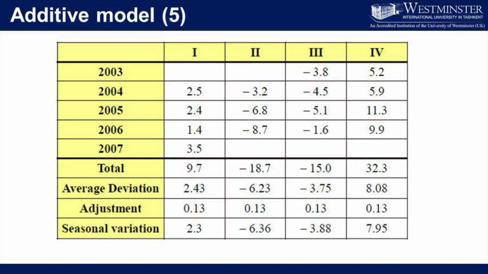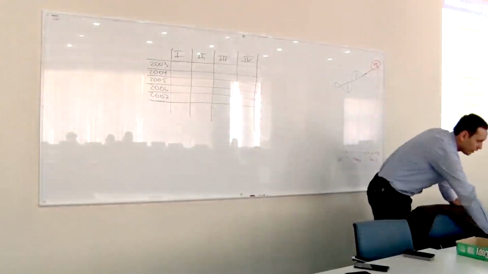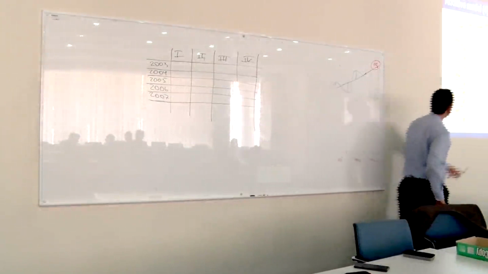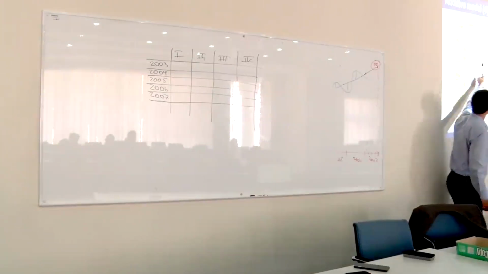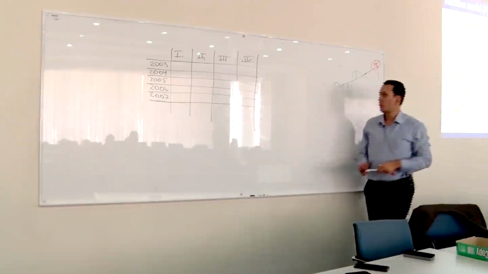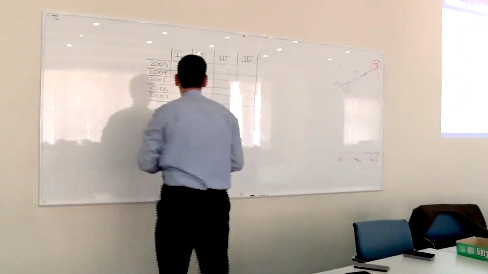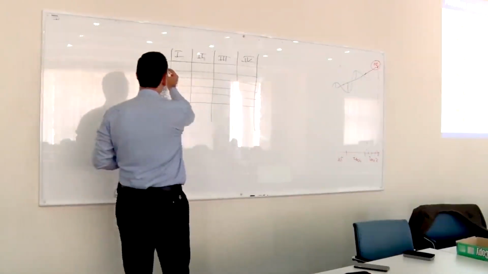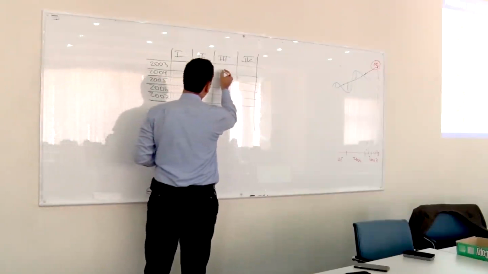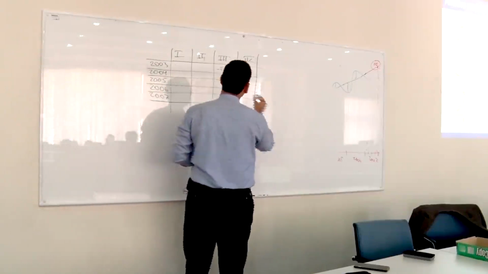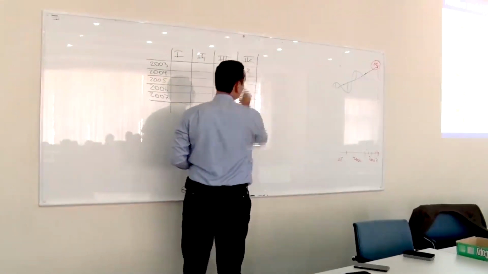To find that, we look back to our previous table, and we see that our first deviation from trend starts from the third quarter of 2003. So we just copy these numbers into this table. That's 2003 third quarter, negative 3.8. The next one is 5.2.